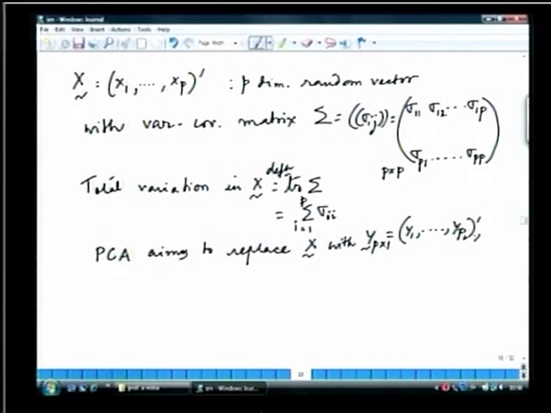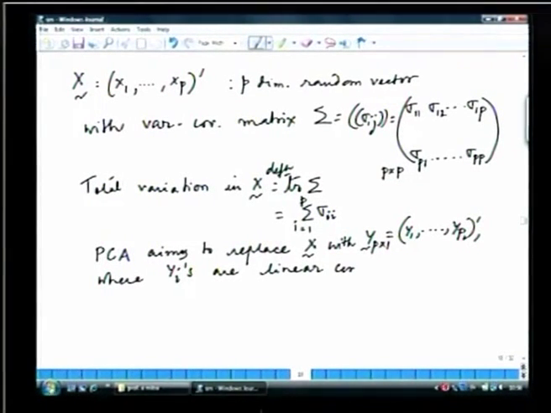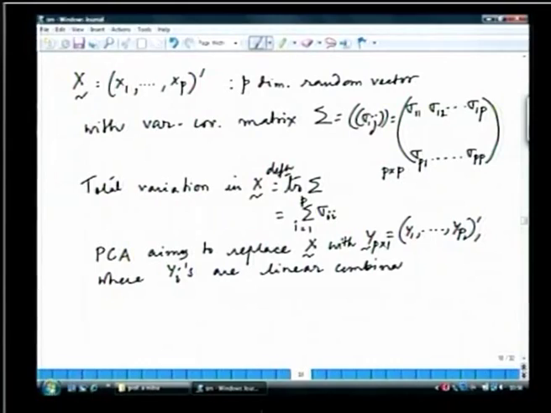But firstly, these yi's are not just any variables; these are linear combinations of the original variables xi's, but not just any linear combinations.